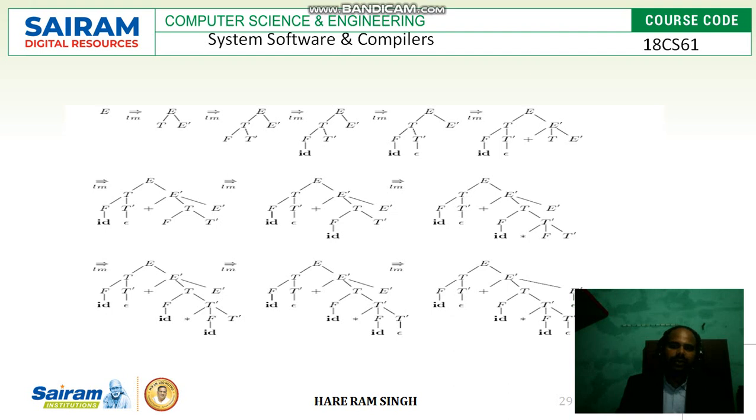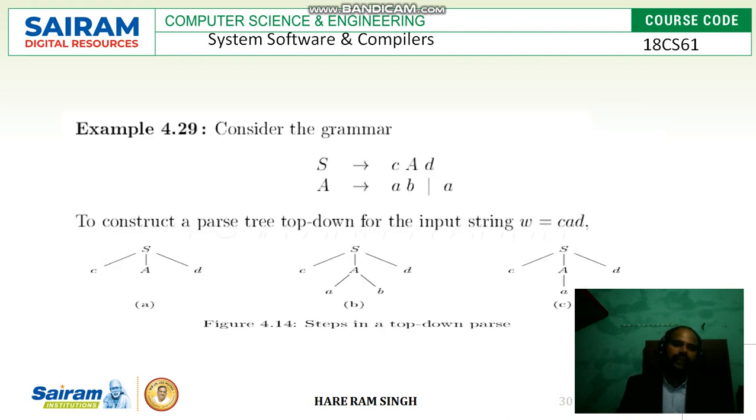Let us see one more example. Suppose we have a context-free grammar: S generates cAd and A generates ab or a. It is a non-left recursive unambiguous grammar. Let us generate the parse tree for the string cad.